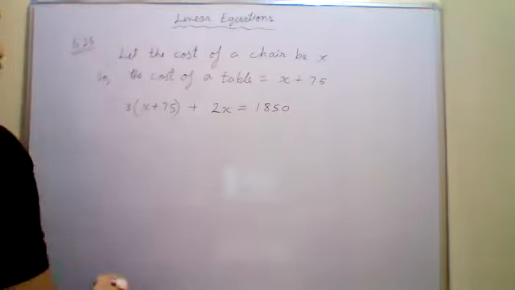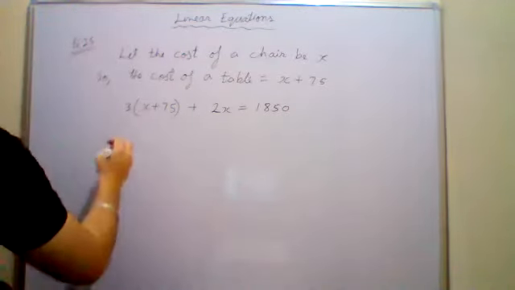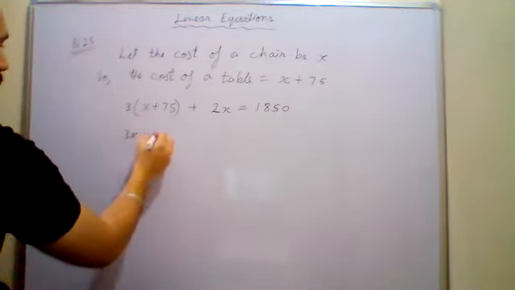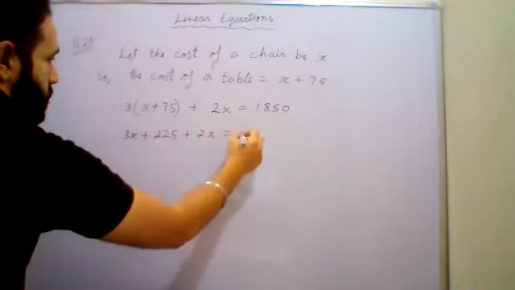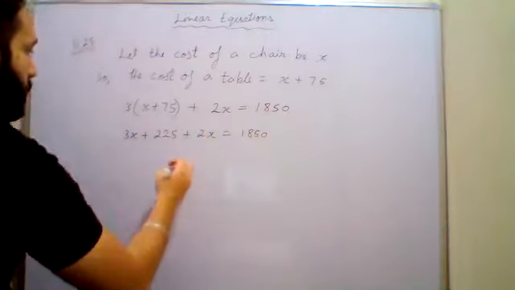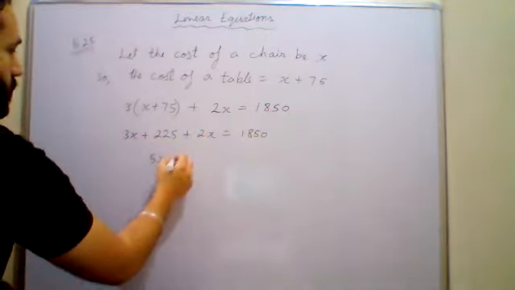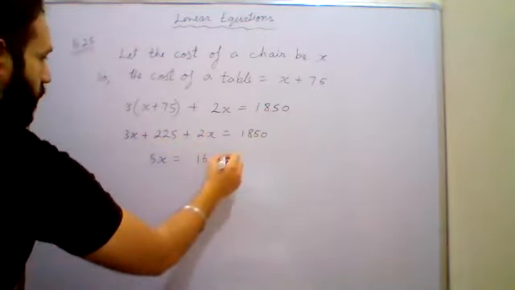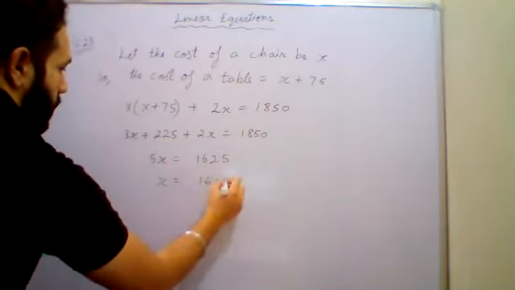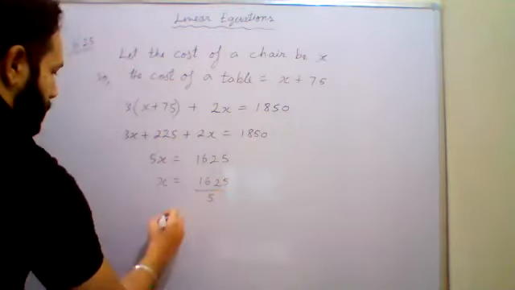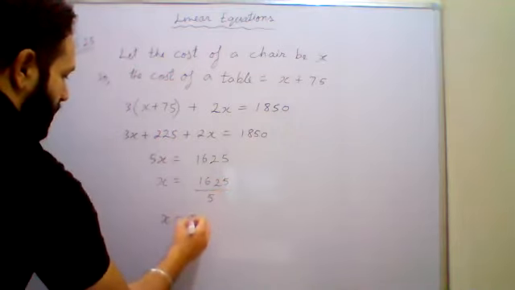Now we can solve the equation and find X. 3X plus 225 plus 2X equals 1850. So 5X is equal to 1625. X is equal to 1625 upon 5.